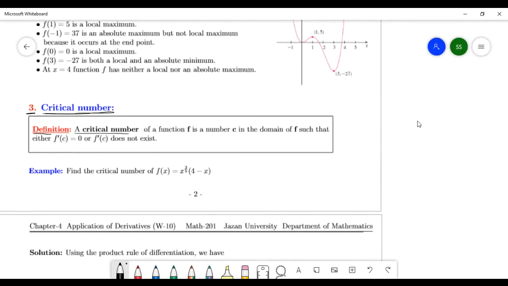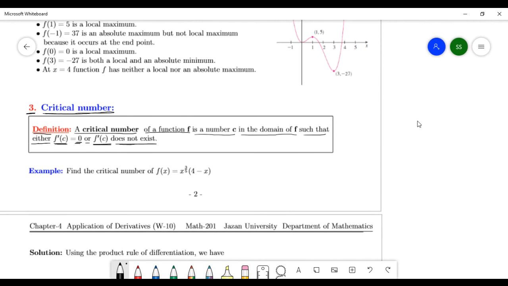A critical number of a function f is a number c in the domain of f such that either f dash c equal to 0, the derivative of the function at this number c equal to 0, or f dash c, the derivative of the function at this number, does not exist. Okay.